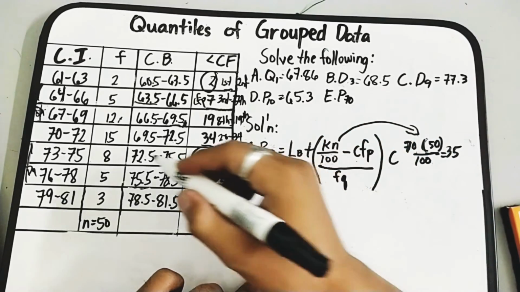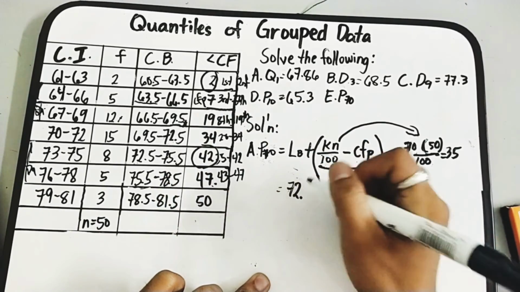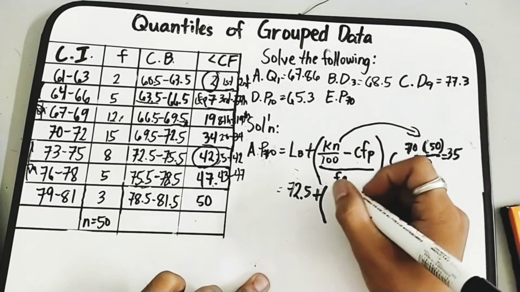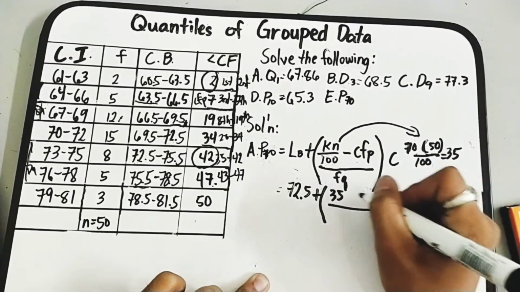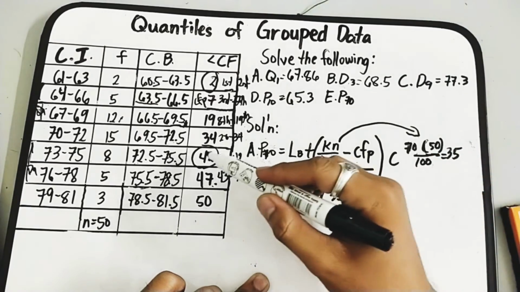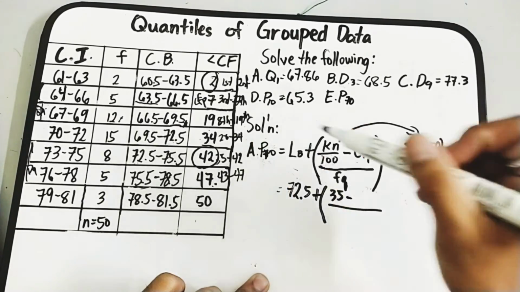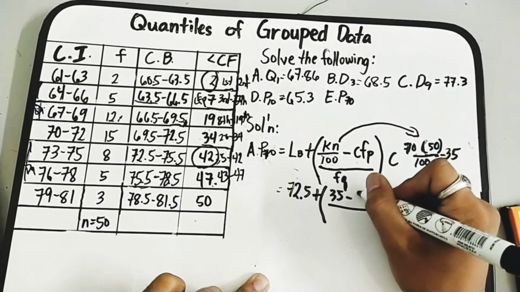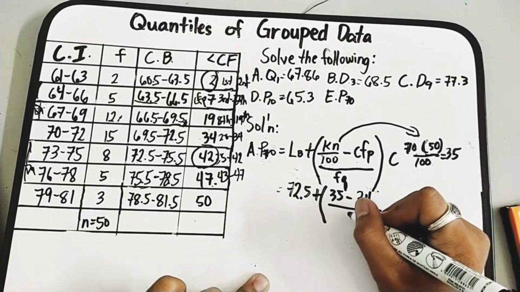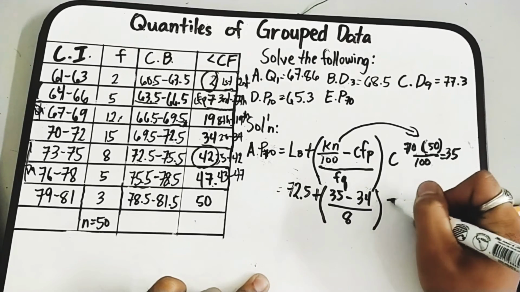Therefore, substitute the values. We get the lower boundary of the class, which is 72.5, plus our Kn over 100, which is 35, minus the cumulative frequency preceding it, which is 34, all over the frequency of 8, times the class interval of 3.